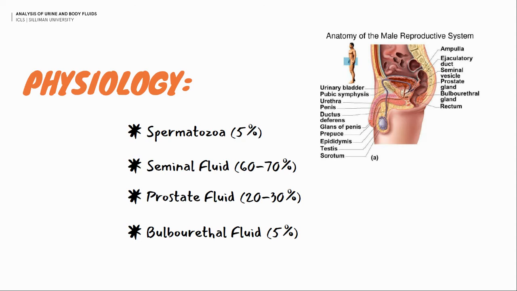Now its physiology or its composition. Only 5% of the sample is made up of the sperm cells or spermatozoa, if there are many. It's called a spermatozoon if only one. So again, only 5% is its composition, while it is mostly composed of seminal fluid. The sperm cells are suspended here so that they are able to propel during sexual intercourse, and they stay alive because of the seminal fluid.